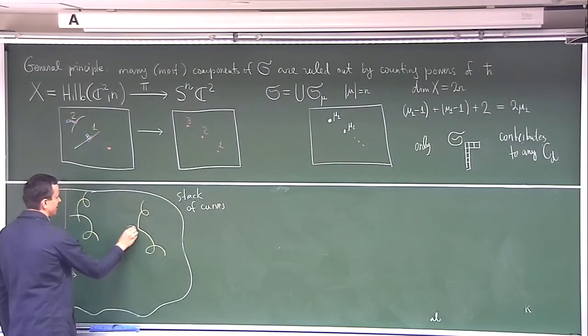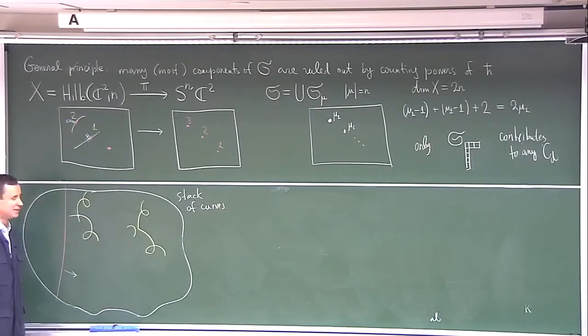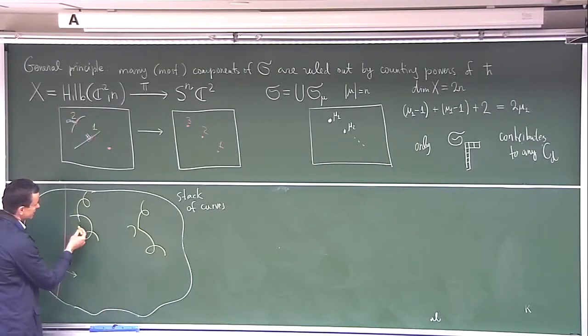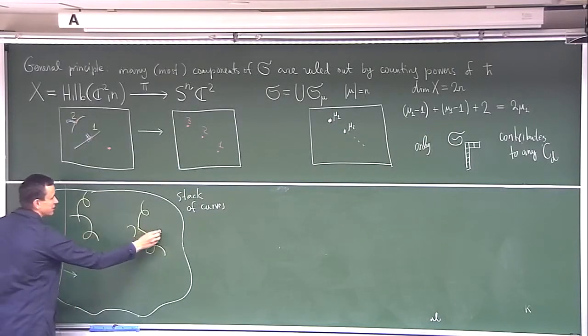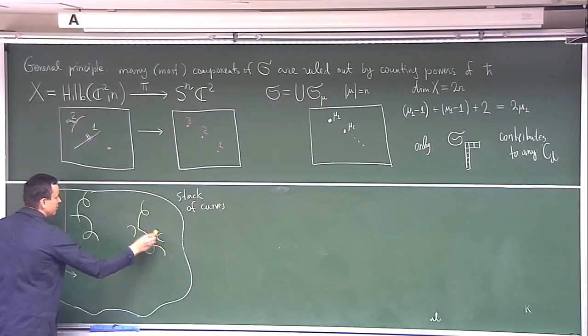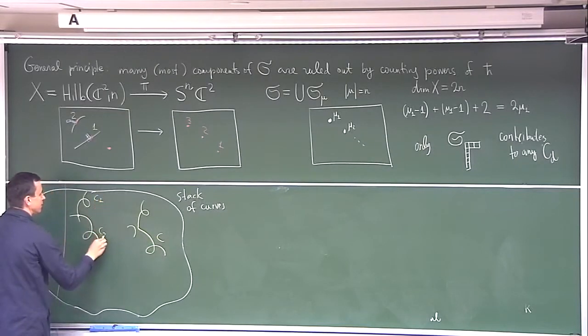Some smoothing of that. So there was some curve C, and it broke into C1 and C2.